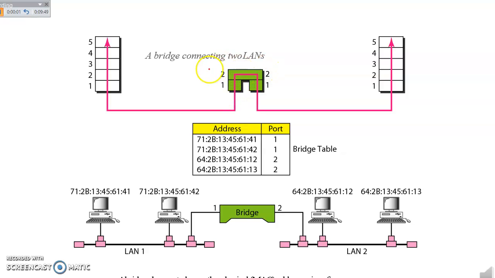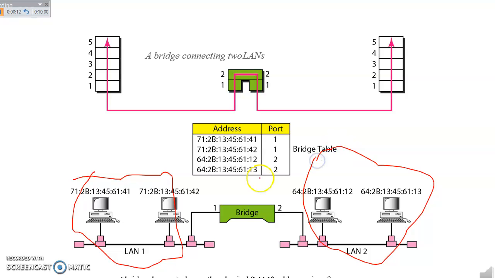two LANs, LAN number 1 and LAN number 2, are connected with the help of a bridge. This is a two-port bridge, which means two ports are available here. LAN number 1 uses port number 1 and LAN number 2 uses port number 2.